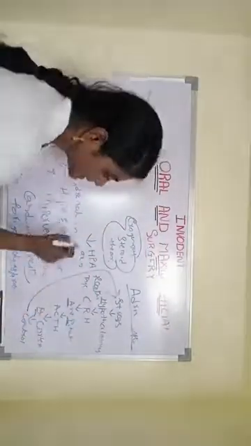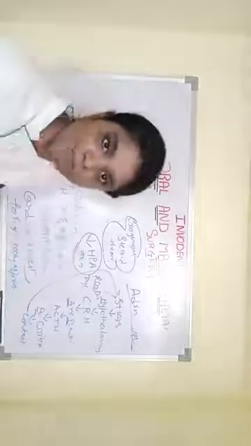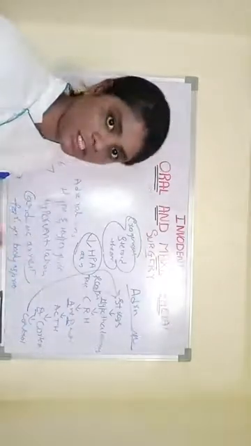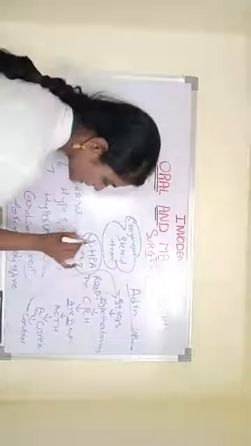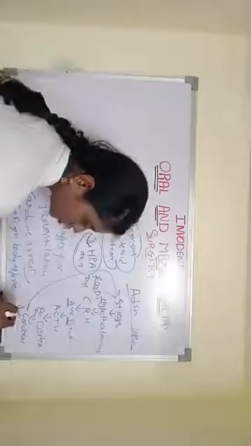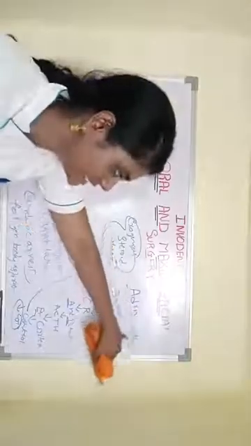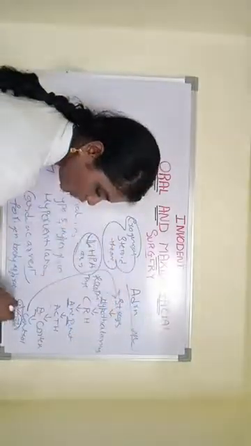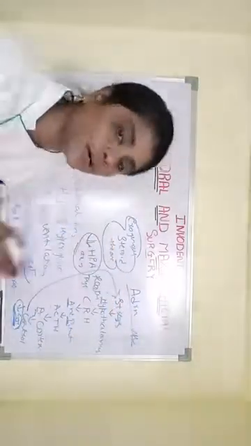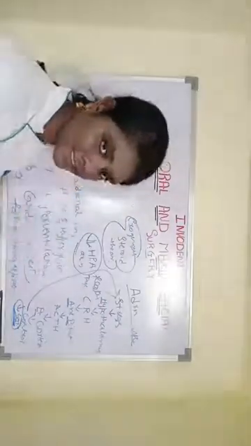This HPA axis will be suppressed. It will not function usually. So it is suppressed, so decreased cortisol, so there is adrenal insufficiency. Sufficient amount of adrenal secretions were not there under stress.